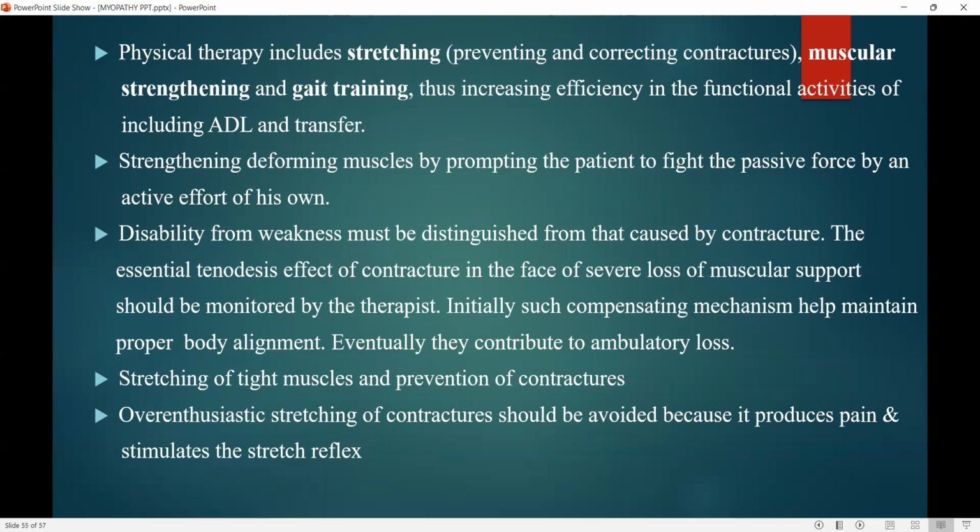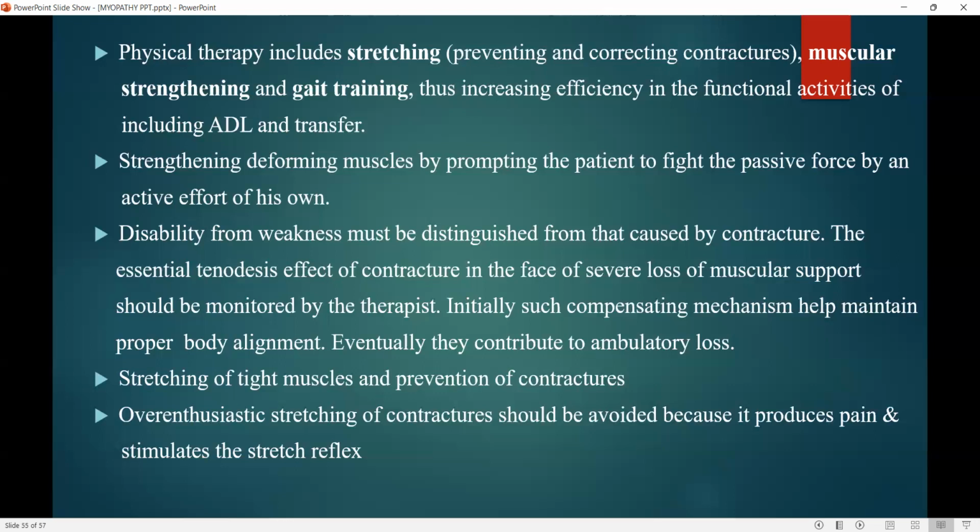Disability from weakness must be distinguished from that caused by contracture. The fat contracture in the face of the loss of muscular support should be monitored by the physical therapist initially, such as the congenerating mechanical help in maintaining proper body alignment. Eventually, they contribute to ability loss.